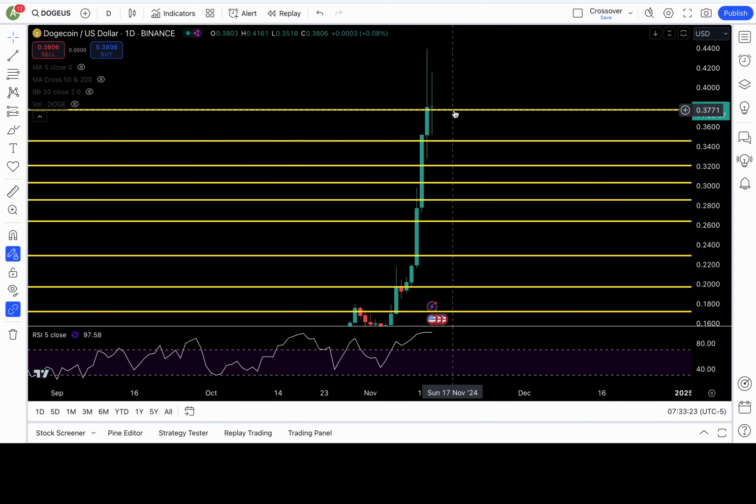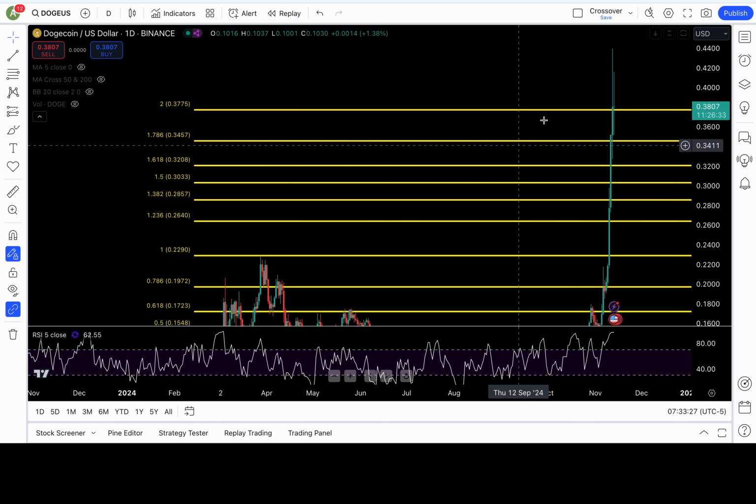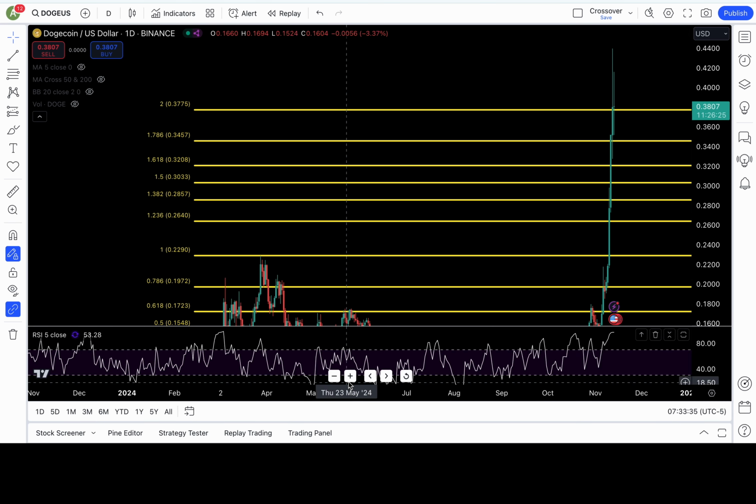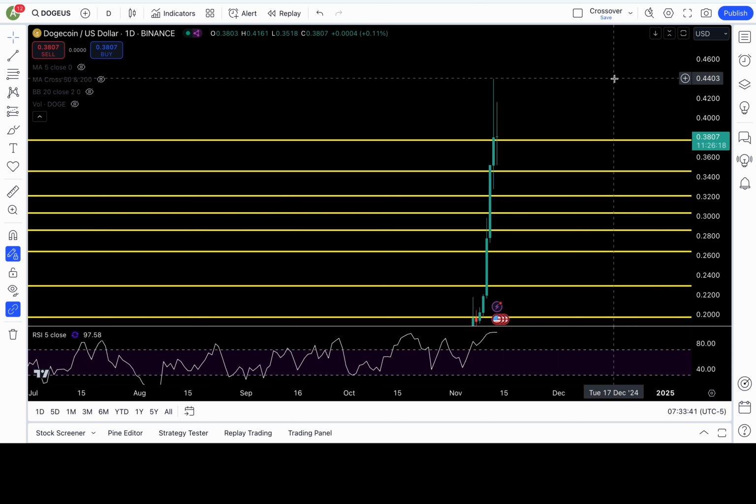Support level is at 37.7 cents and 34.5 cents. Gotta break those levels down if it's time to short. Otherwise, we could be consolidating to go higher. I have next resistance at 41.5 cents and 44 cents. Guys, if those levels clear, we're likely heading to 50 cents or higher.